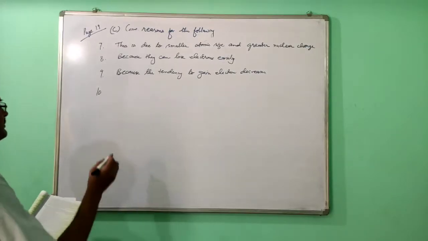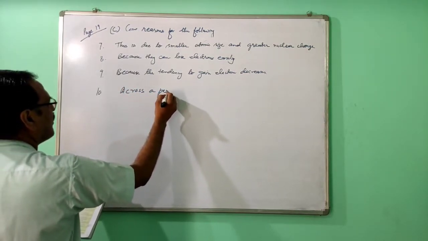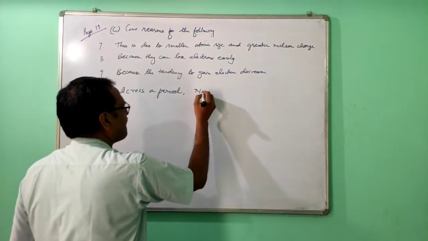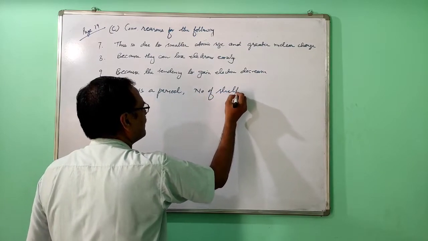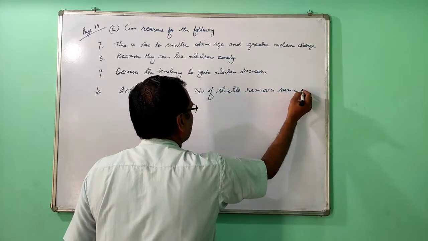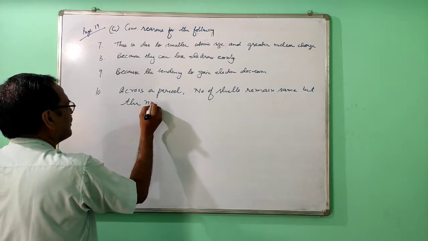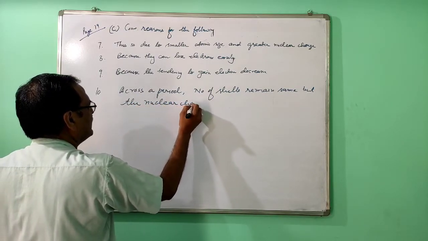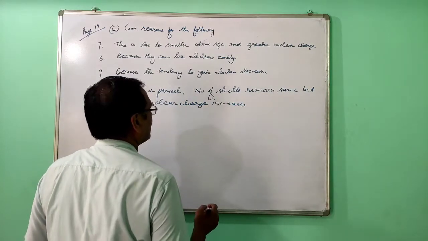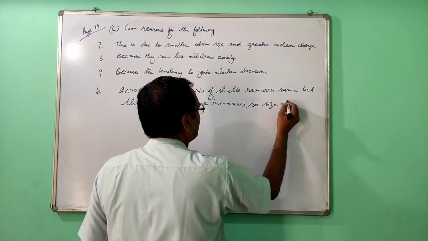So across a period, the number of shells remains the same, but the nuclear charge increases. So size decreases.